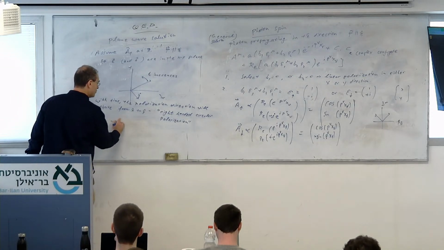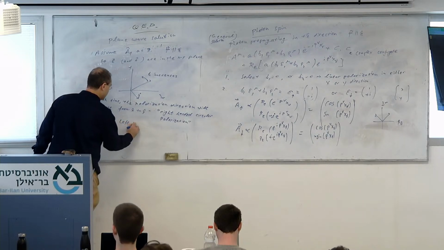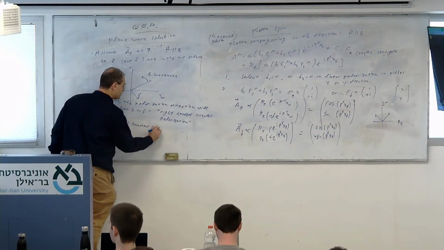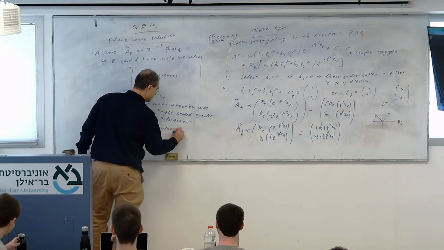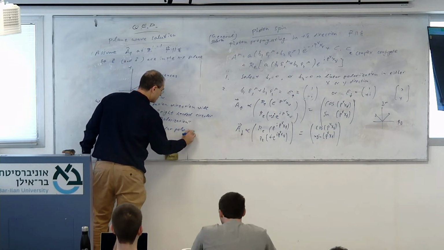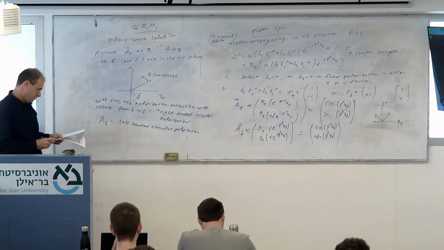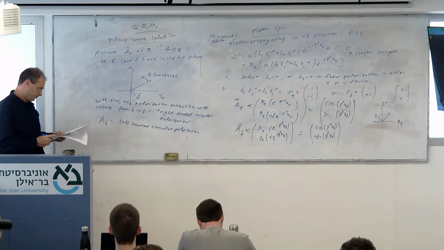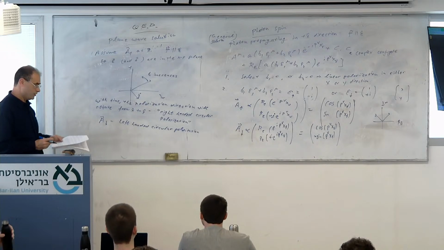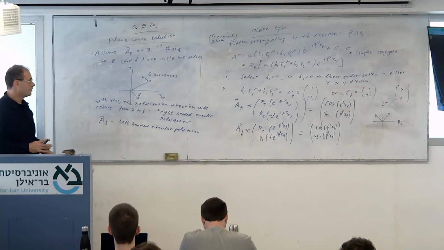And of course, A down is left-handed circular polarization, which is exactly what the electric field is going to do. Right-handed means what?